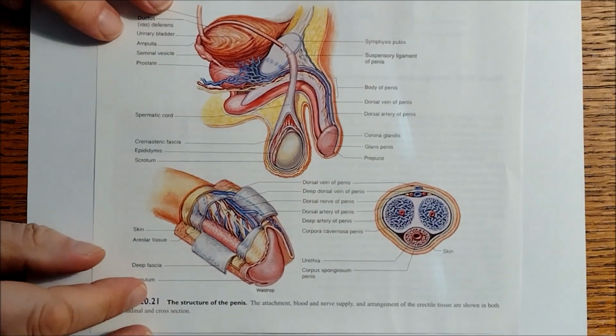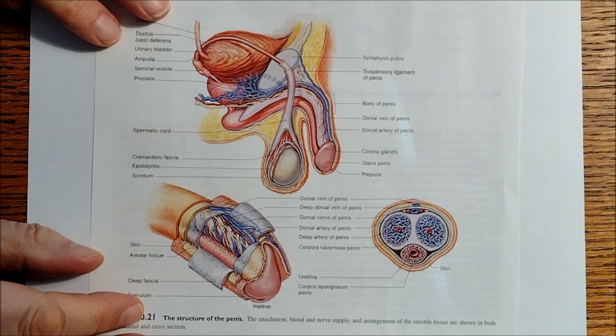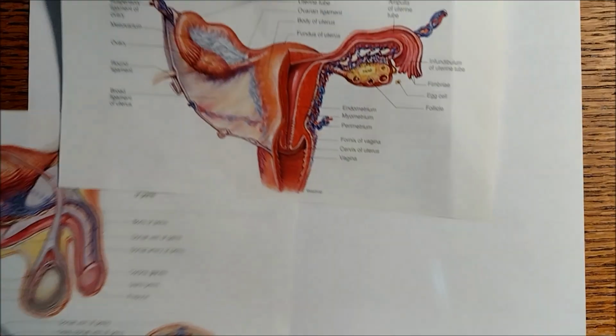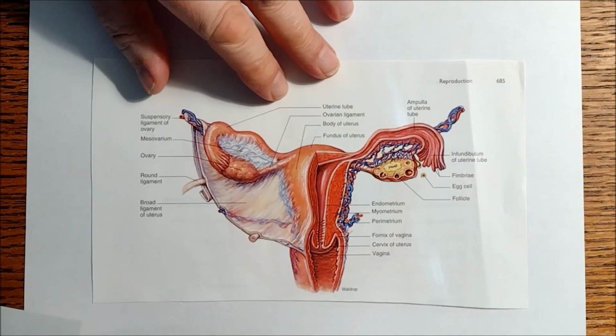Next, we're going to take a look at how we get offspring, and that's the job of the reproductive system. We're going to take a look at the male organs, and we're going to take a look at the female organs.